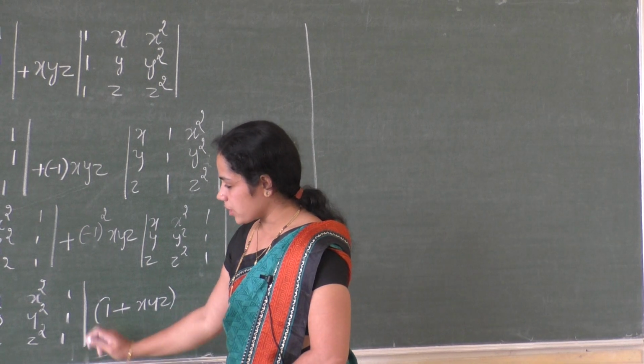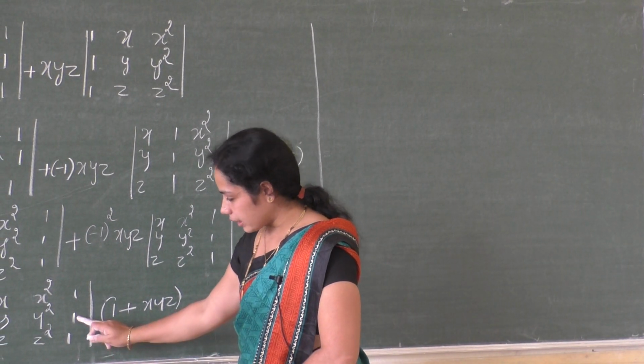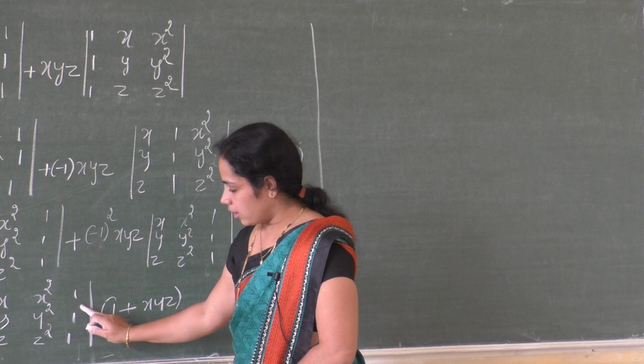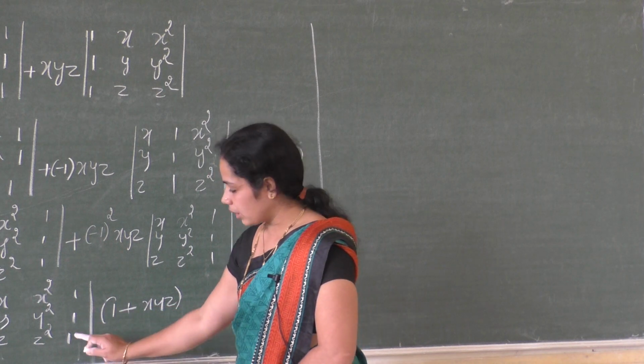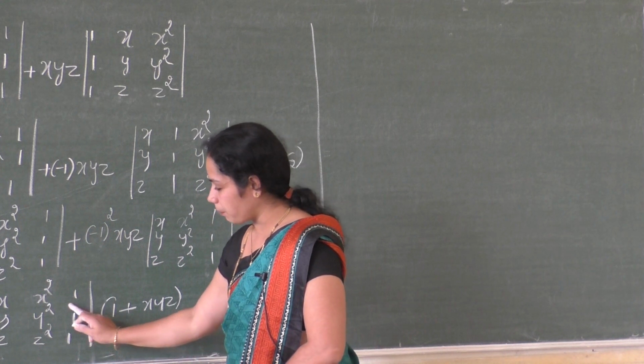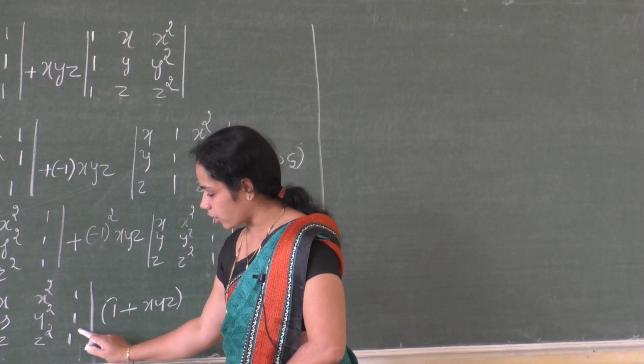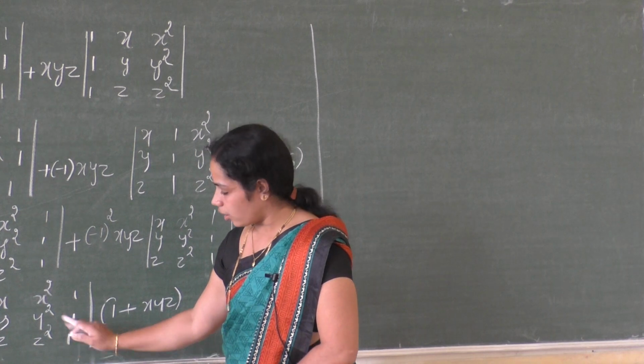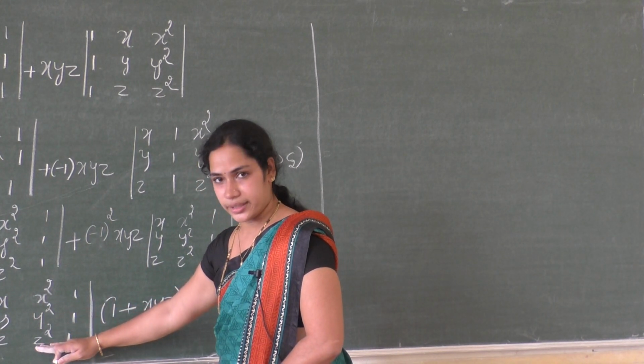So which operation can we apply here? We can apply 1 minus 1, which will be 0, and again 1 minus 1 becomes 0. So we can apply the operation for the second row and third row.